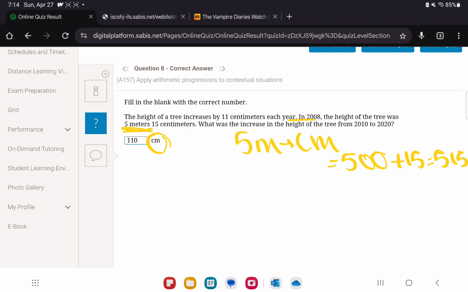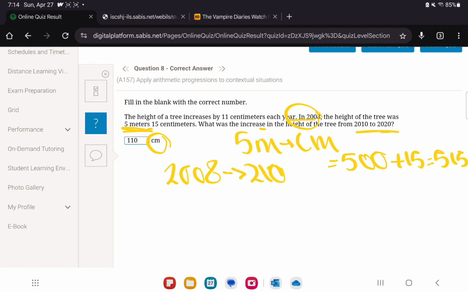Okay, now they're telling you that the height of the tree increases by 11 centimeters each year. So let's find, and they want what is the increase in the height from 2010 till 2020. Okay, so first thing we want to find the height it was in 2010 because we don't know it. We only know the height in 2008. Okay, so we do 2008 to 2010. How many years is that?